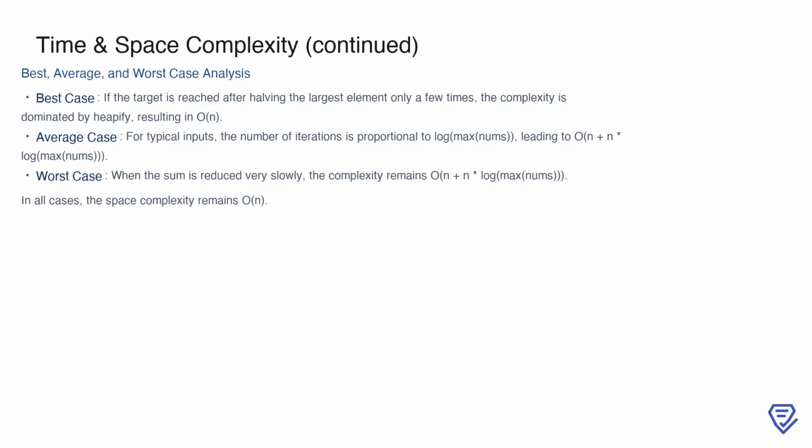Combining this with the heap operations, the time complexity becomes n + n * log max nums. In the worst case, when the sum decreases very slowly, the complexity remains n + n * log max nums. Across all cases, the space complexity stays consistent at n, as the heap remains the primary contributor to space usage.